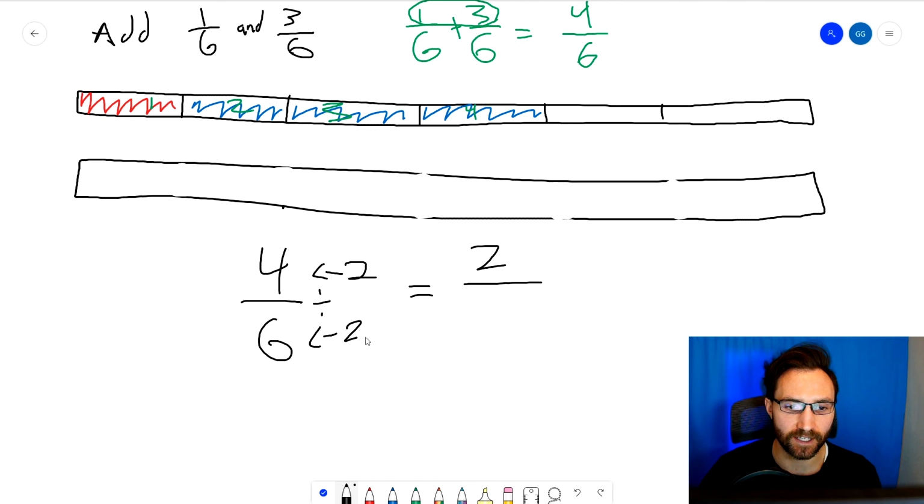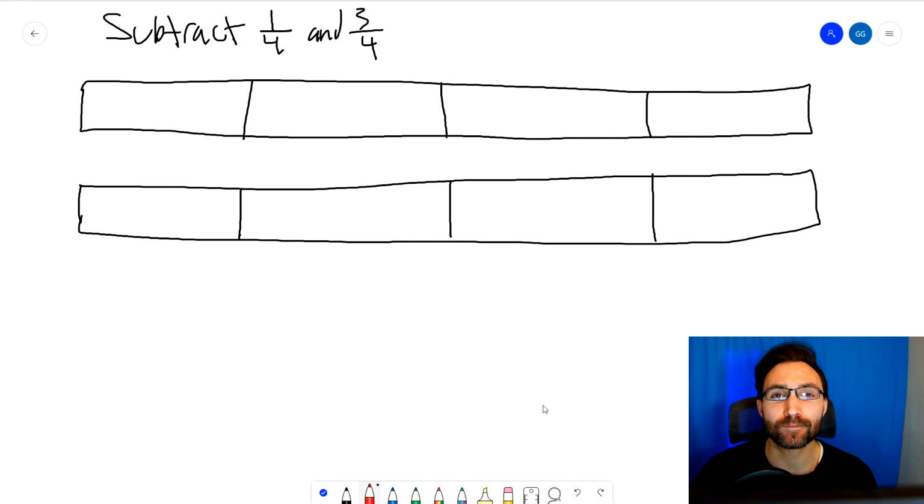And then 6 divided by 2, or how many groups of 2 can go into 6? 3. So 1/6 plus 3/6 equals 4/6, but that in simplest form is 2/3.